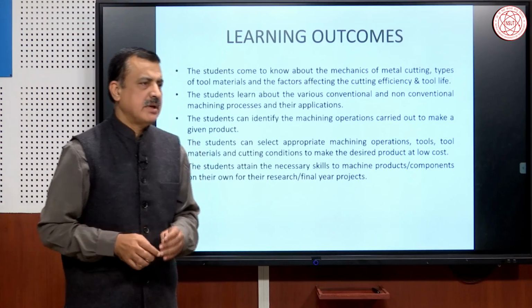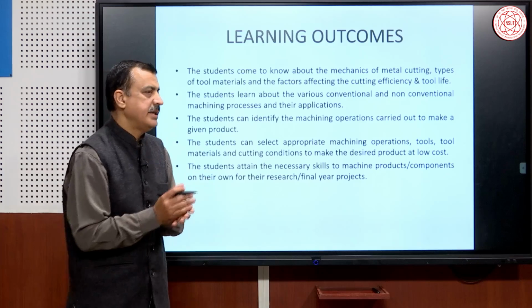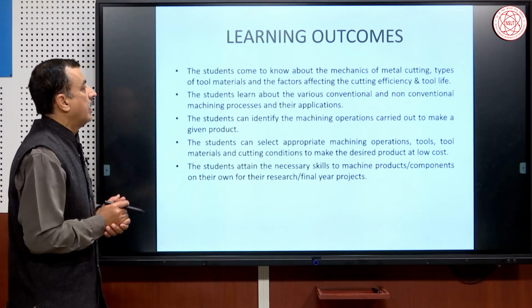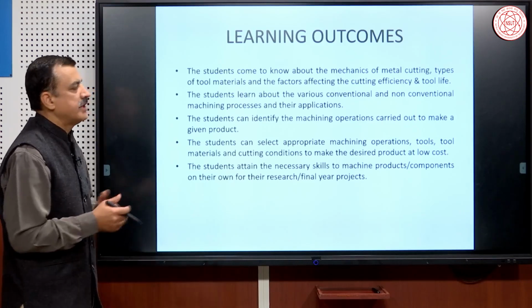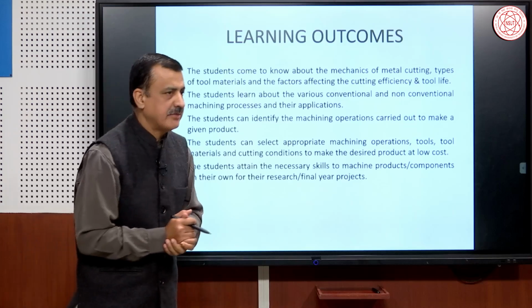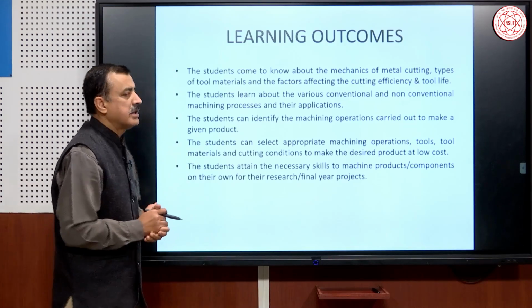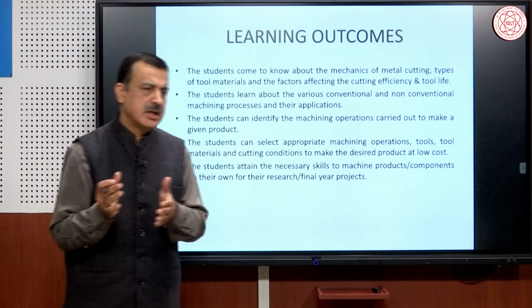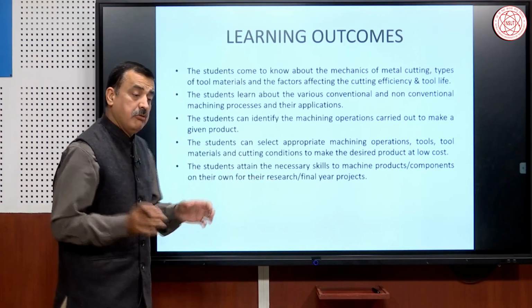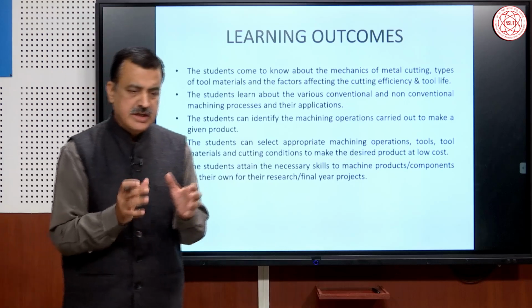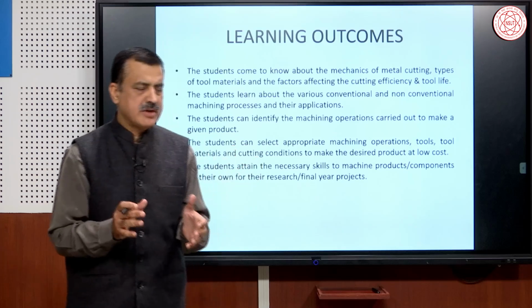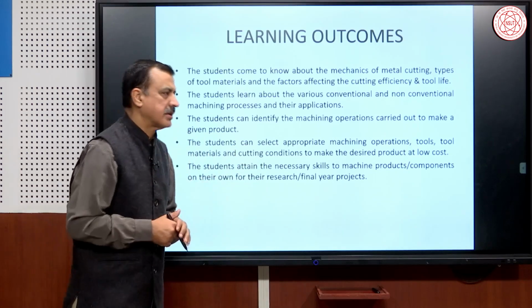Once the syllabus is successfully completed, the expected learning outcomes are these. The students come to know about the mechanics of metal cutting, and the factors affecting the cutting operations and the tool life. Secondly, the students learn about the various conventional and non-conventional machining operations available. Third, for a given product, the student should be able to identify the kind of cutting process used to make that product.